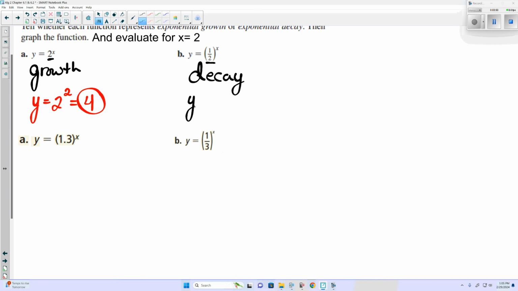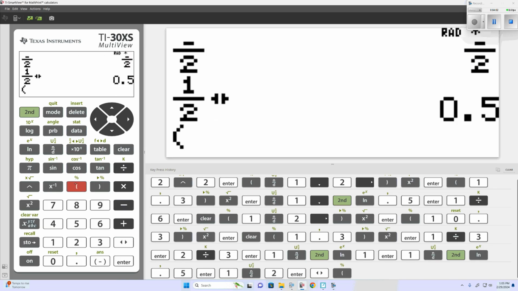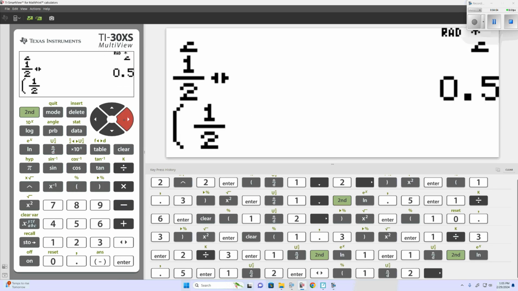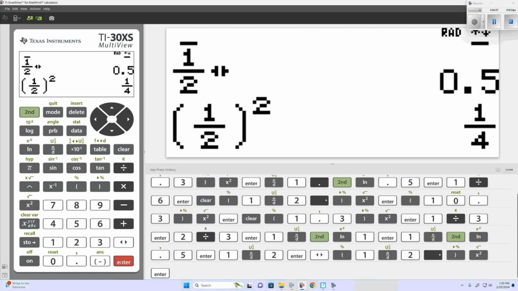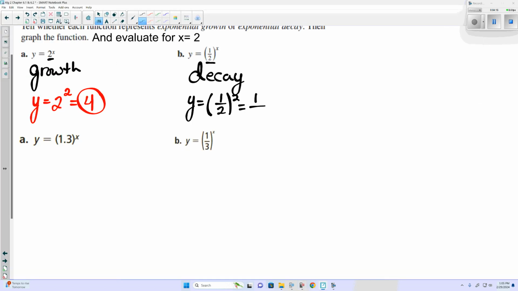Now, one more time, what was the question? 1/2 squared. When we evaluate these, we can do them by hand. We're saying 1/2 squared, 1/2 times 1/2, and that is 1/4.